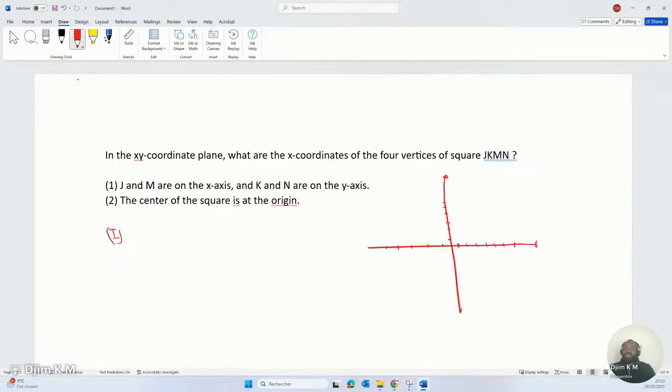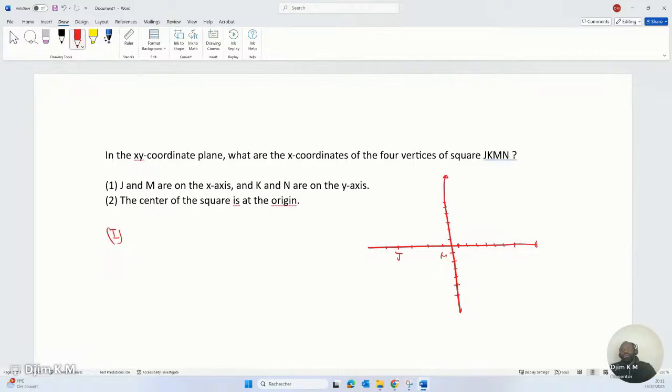We can have J here and M here, but it can also be that they are on the negative side of the x-axis. It could be like this, J and M. So the same thing for K and N on the Y axis, but we don't know. Is it on the negative side or the positive side?